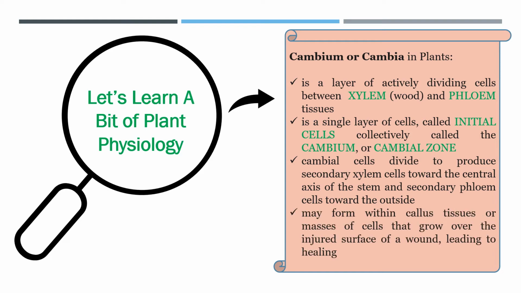The cambium layer may form within callus tissues, or masses of cells that grow over the injured surface of a wound, leading to healing. This is the main reason why we remove the cambium layer when we do marcotting. The cambium layer should be properly removed so that adventitious roots can grow or develop on your marcot.